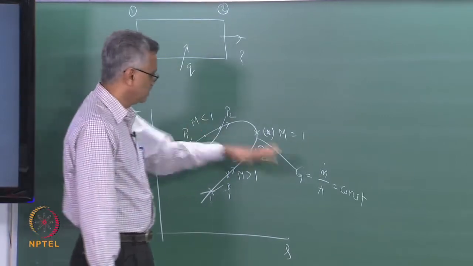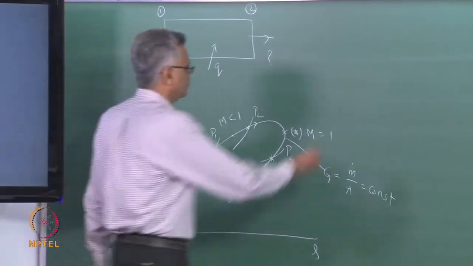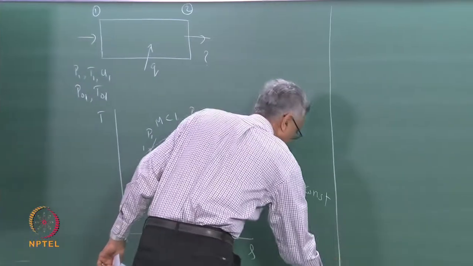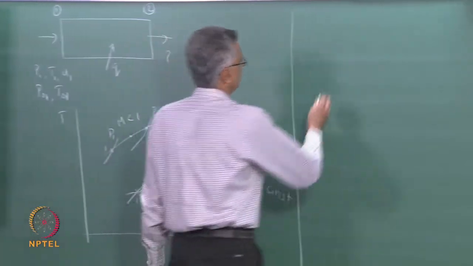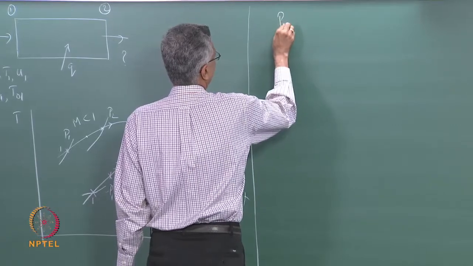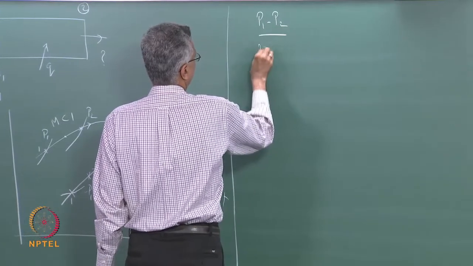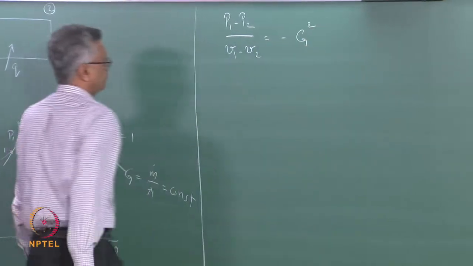And we started doing the same thing on a PV diagram, and this was what we had done in the earlier class. The Rayleigh line remains the same. If you remember, we wrote down the equation for the Rayleigh line as (P1 minus P2) divided by (V1 minus V2) is equal to minus G squared.